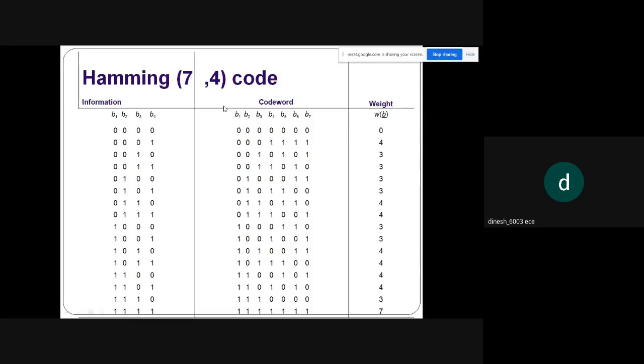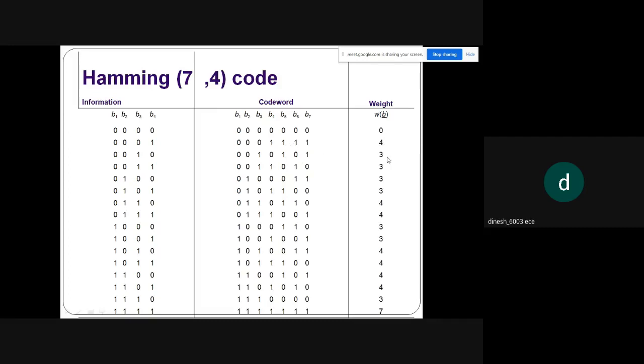And now correspondingly, how do I find the weight of this code? The weight of this code depends upon the number of ones being present. Number of ones. So here no ones, so 0. Here 4 ones, 1, 2, 3, 4. So 4.